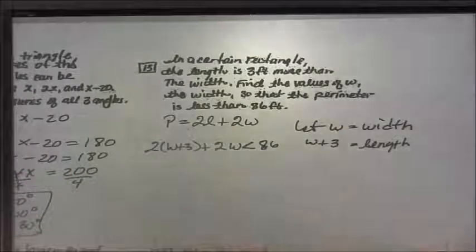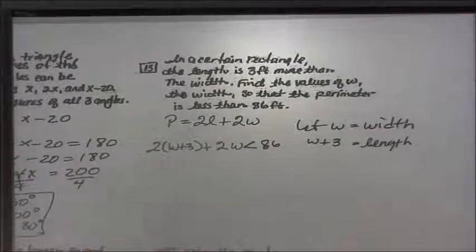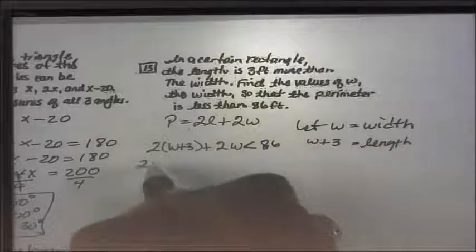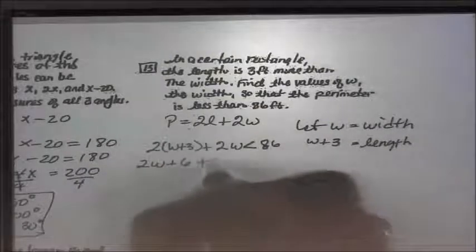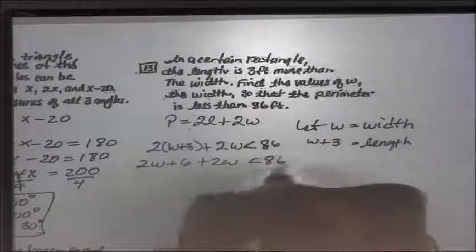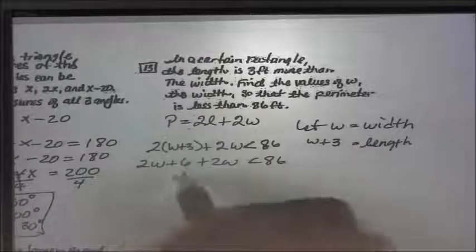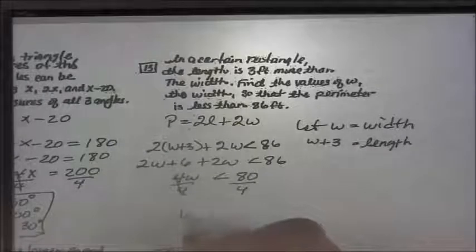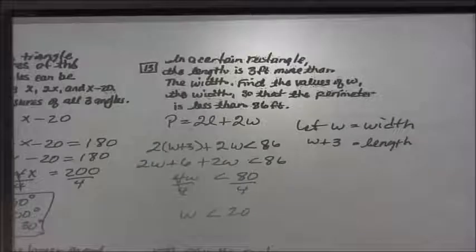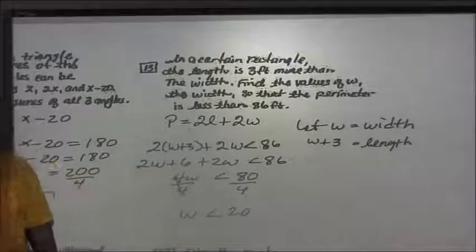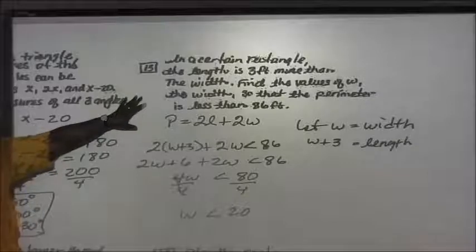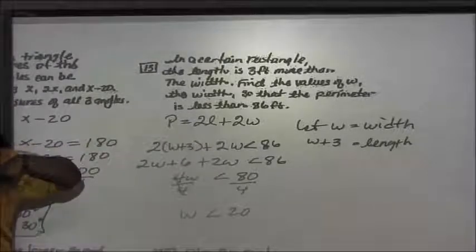Now, we have to solve. What do we get for W? W is less than 20. Did everybody get that? So we have 2W plus 2W is less than 86. What's 2W plus 2W? Subtract the 6 over and we get W is less than 20. Here they're not asking us, as in our traditional rectangle problem, to tell what the length and width are.